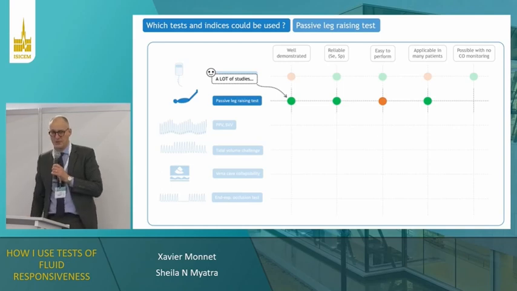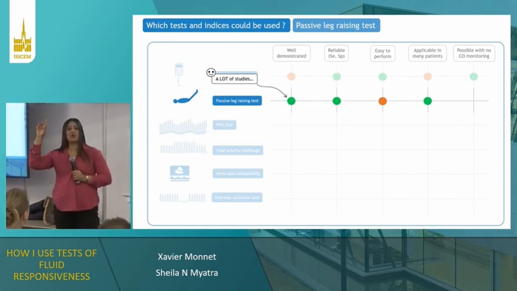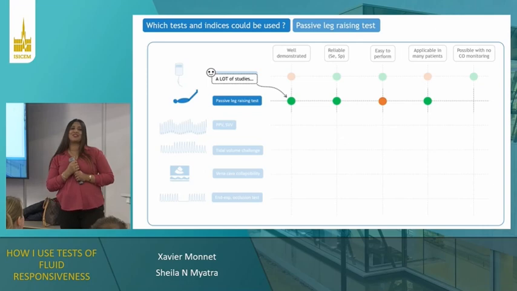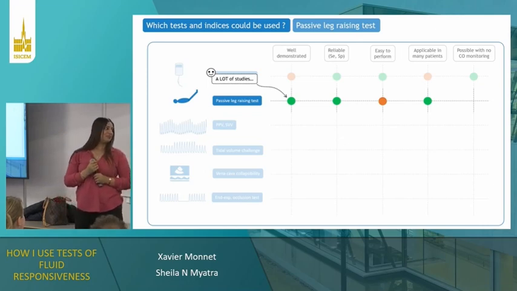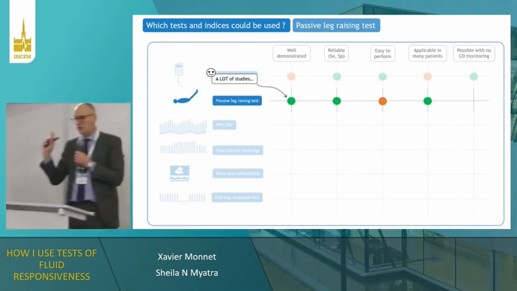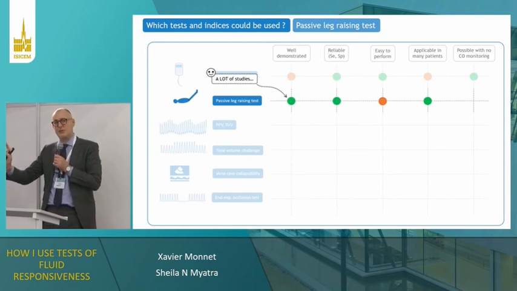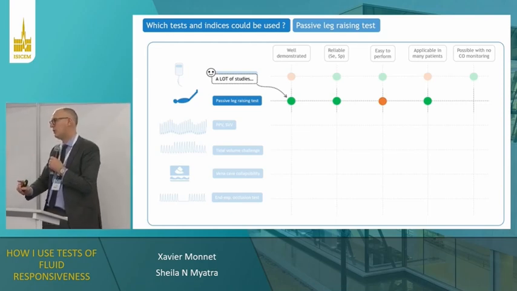So how many of you use it with cardiac output monitoring or with echo? Echo. Okay. So many of you do it, but you're probably using it with an arterial line, right? So it's not that reliable. If you only have an arterial line, please rather look at PPV than pulse pressure.